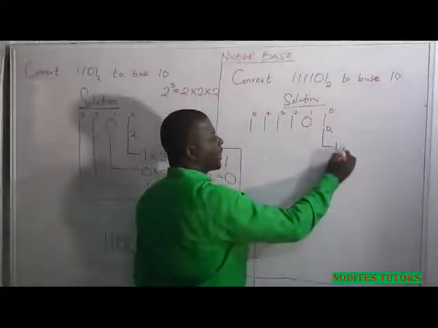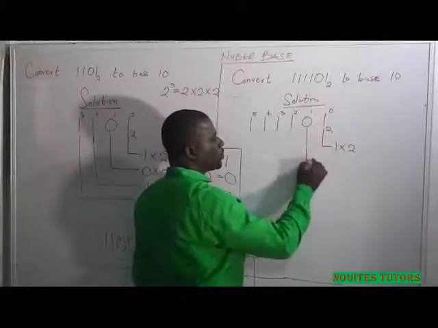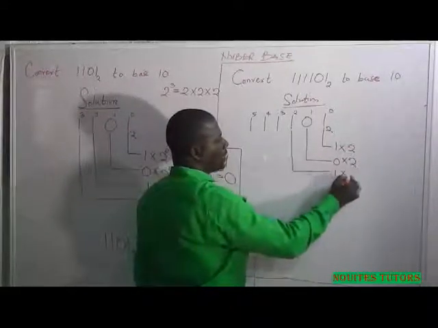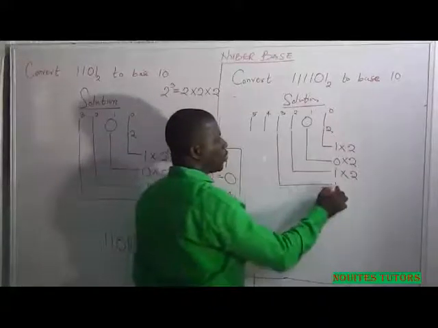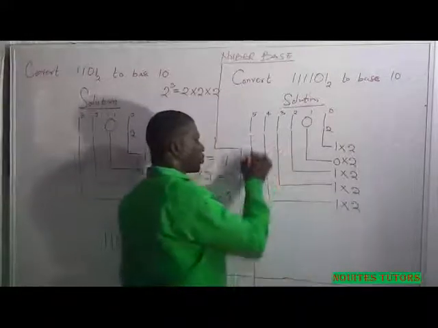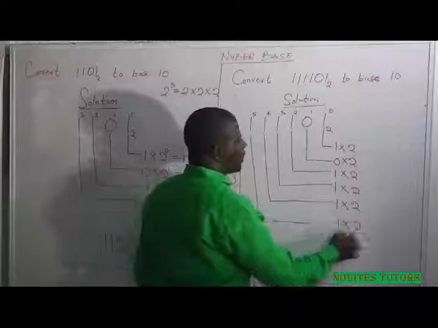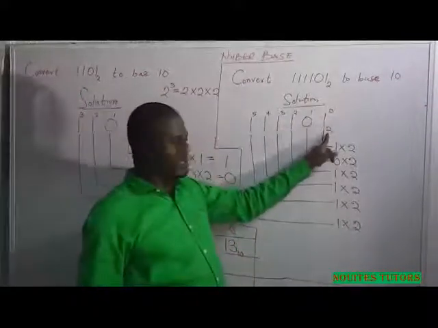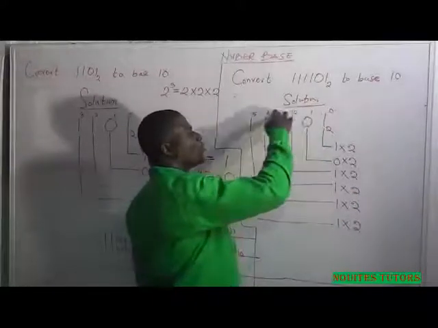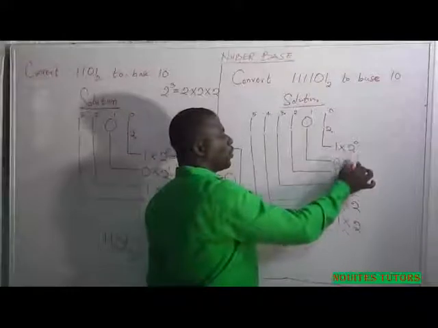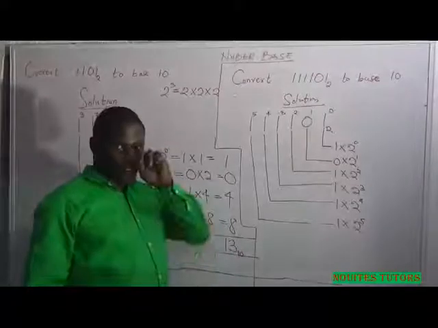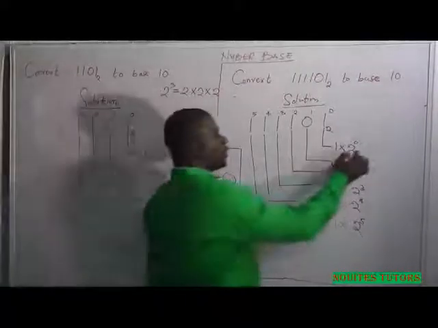So I can say 1 times 2, that is 1 times this 2, 0 times 2, 1 times 2, 1 times 2, 1 times 2, 1 times 2. I use all these numbers to multiply the base, which is this 2. Then all these powers that I have on top, 0 1 2 3 4 5, put it on top. 0 1 2 3 4 and what? 5. You see that?